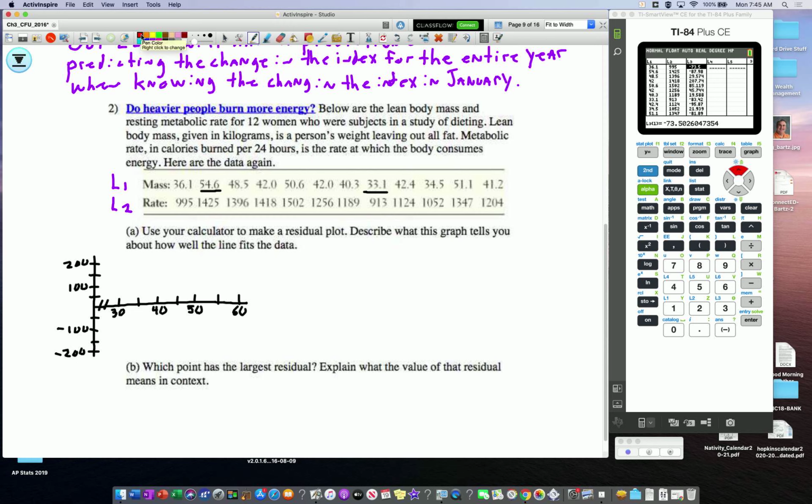So the first point was 36.1, negative 73. I'm just estimating it to the best of my ability. So 54.6, negative 87.